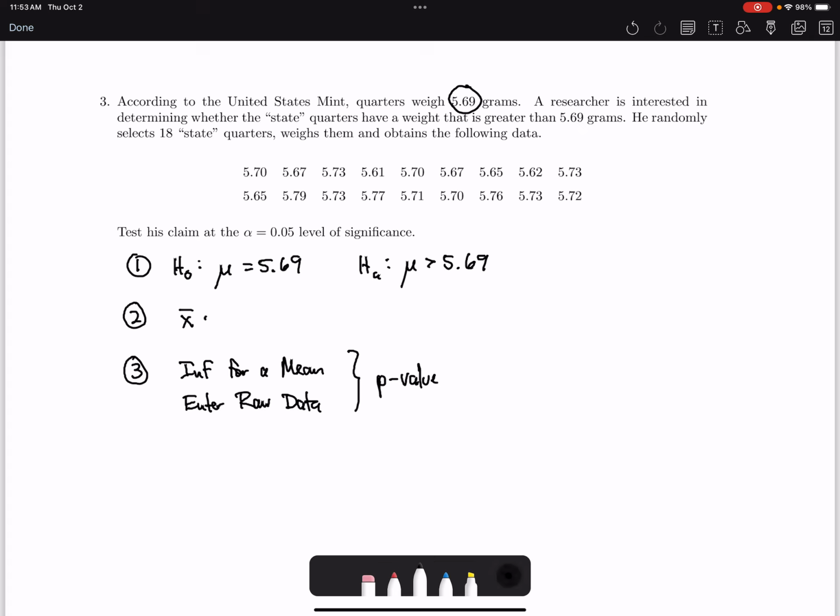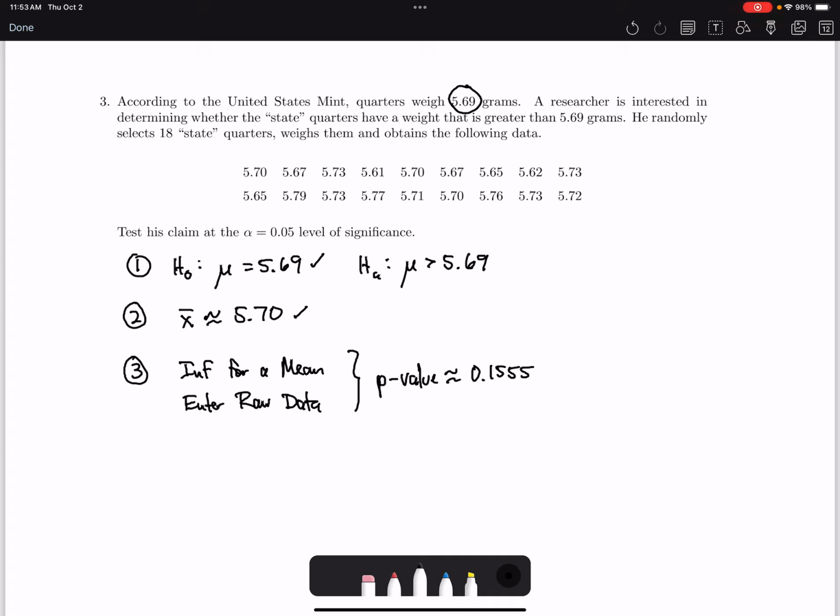So our sample mean was about 5.70, which, sure enough, is larger than 5.69, but it wouldn't be super unusual to get that value, because just by random chance, you're going to get some quarters that weigh a little bit more. In fact, the p-value that we just computed is 0.1555.